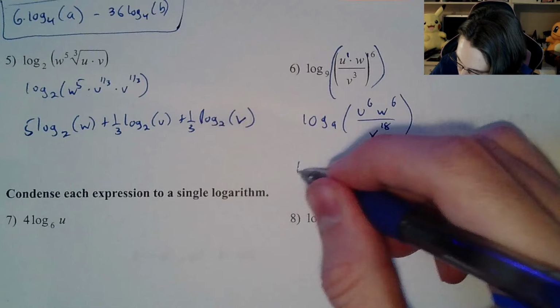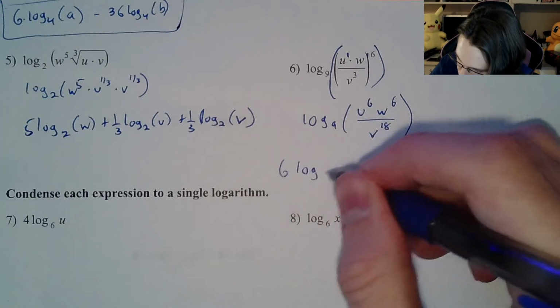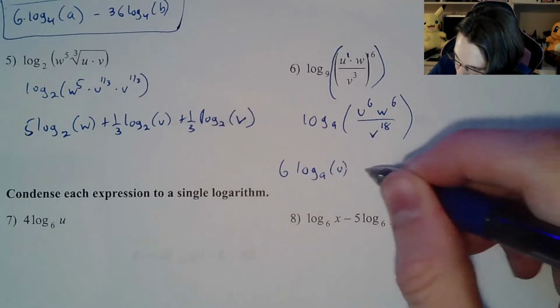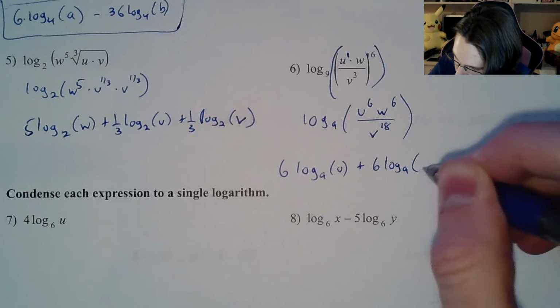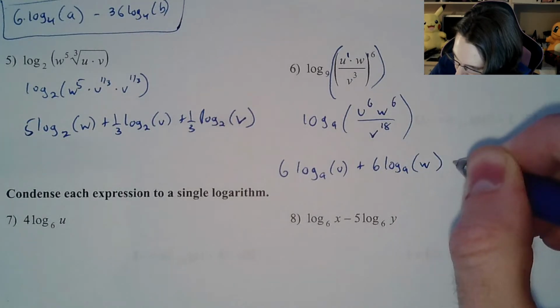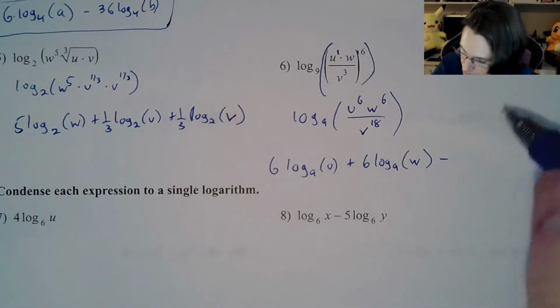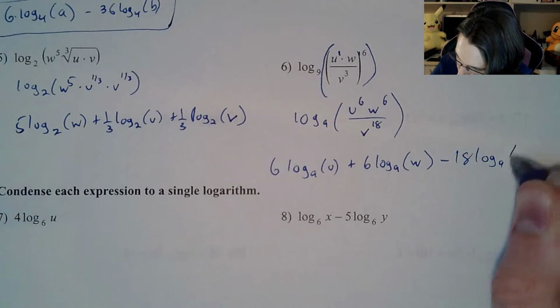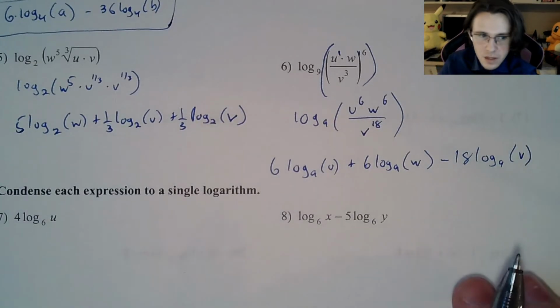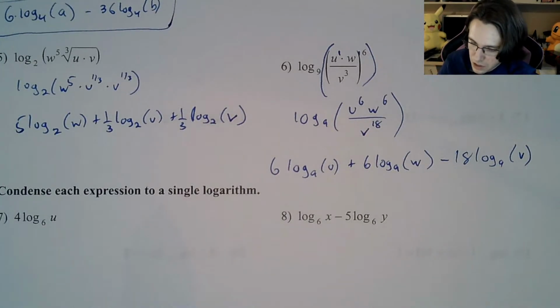And then now we're splitting up. So we got 3 separate logarithms, a 6 log base 9 of u plus a 6 log base 9 of w, and then minus, because we're on the bottom here, 18 log base 9 of v. There we go. All of the expanding questions done.